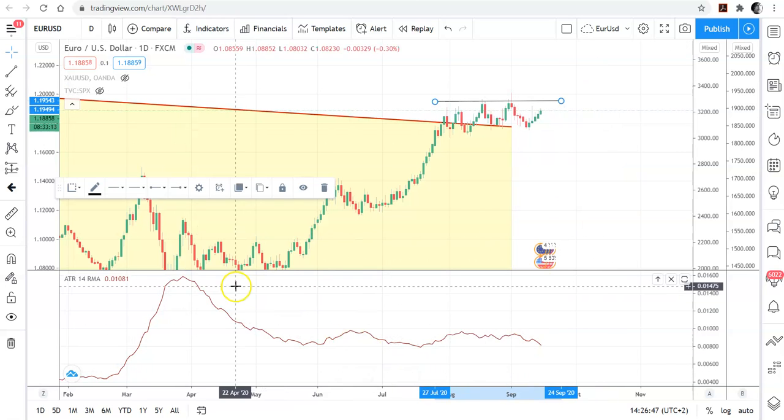Now you can see that from March, where we had this huge rush and subsequent months, we've had a range between 79 and 98. So 79 and 100 basically pips per day as an average of the last 14 days for each measurement. So we're actually in the low of that range.